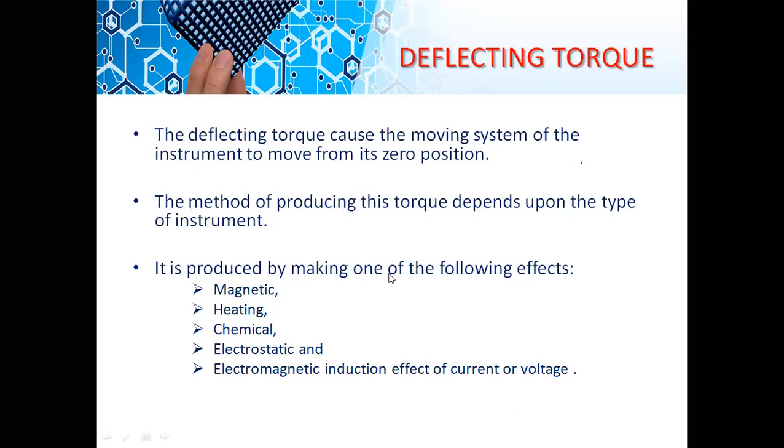To produce the deflecting torque, an instrument can use any of these effects: magnetic effect, heating effect, chemical effect, electrostatic effect, or electromagnetic induction effect of current or voltage.